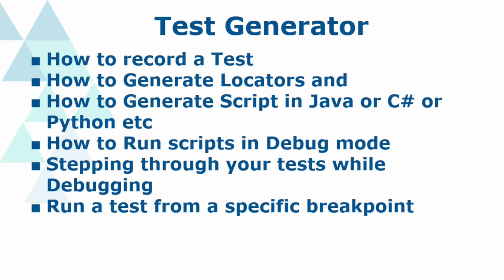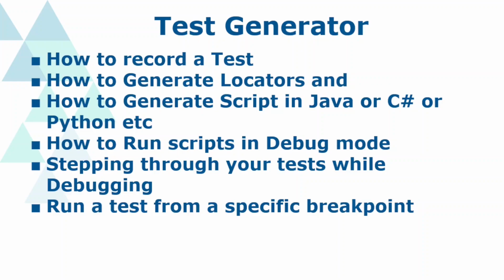So what is our agenda item? I'm going to teach you how to record a test by using Playwright, how to generate locators, and how to generate the script in different languages like Java, C#, Python, etc. I'm also going to show you how to run scripts in debug mode by using the Playwright test generator, and how you can step through your tests while debugging, like step over and step through.